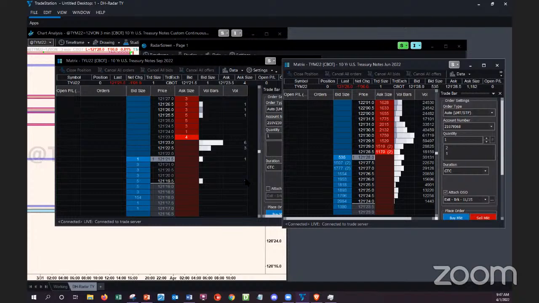So that's an advantage with other platforms. That's something to consider as well. Instead of tying up $4,000 to do a spread here in TradeStation, you literally could tie up $200 in some of the other platforms.